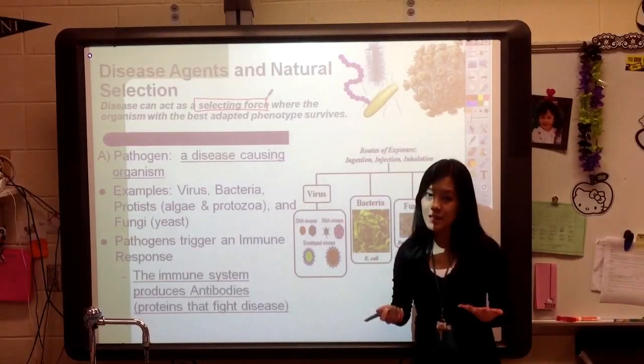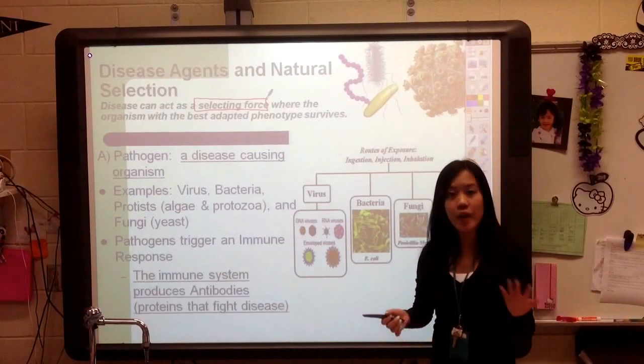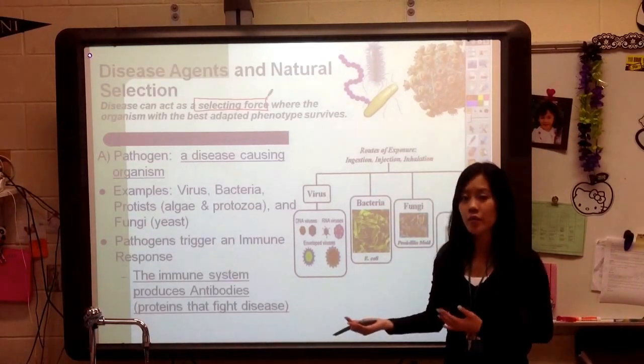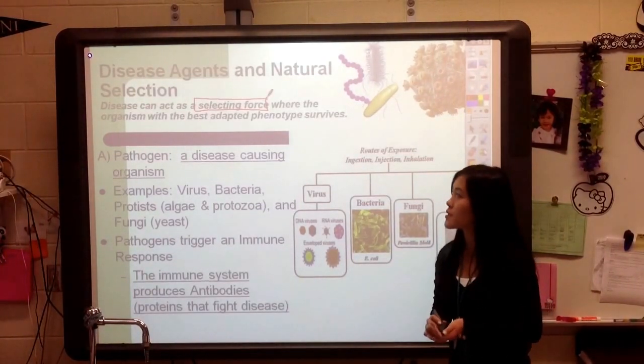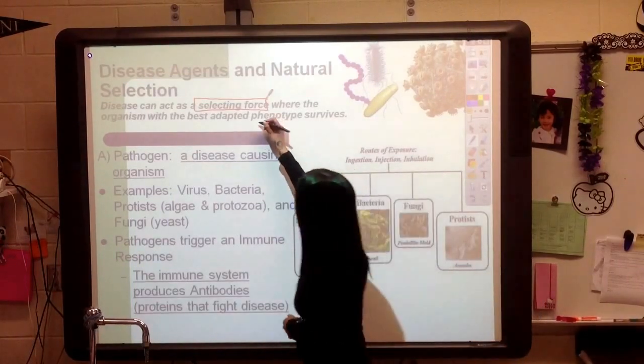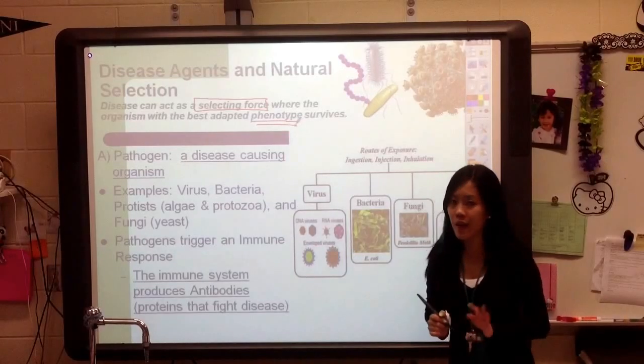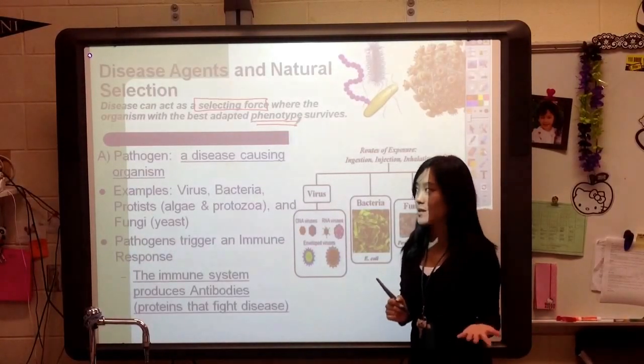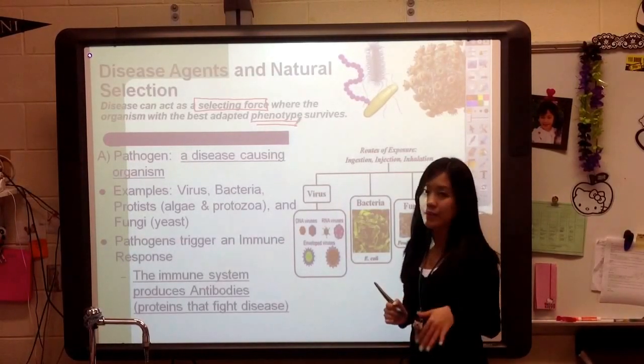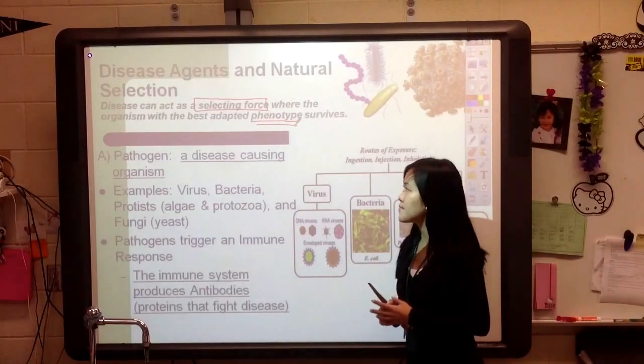So a disease, or even something like a predator, or even the weather, the environment, could be selecting forces. It can allow a very specific phenotype to survive, someone that has a resistance to the disease or some sort of adaptation to the disease.